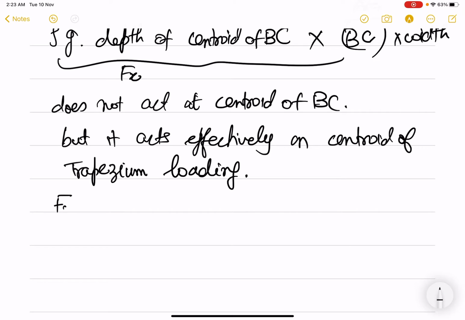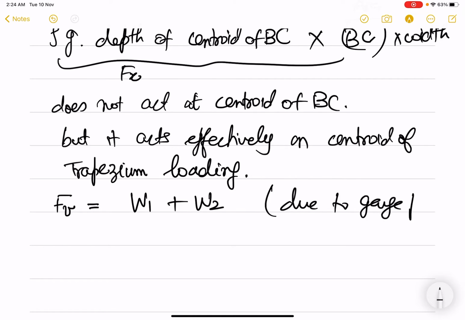Now the vertical force, if you see, vertical force will be equal to basically W1 plus W2, and this is the vertical force due to gauge pressure, assuming that the surface pressure is equal to 0. Otherwise we have to add P surface A also.